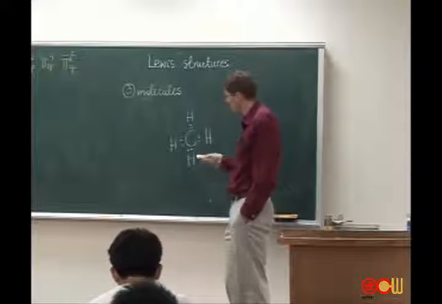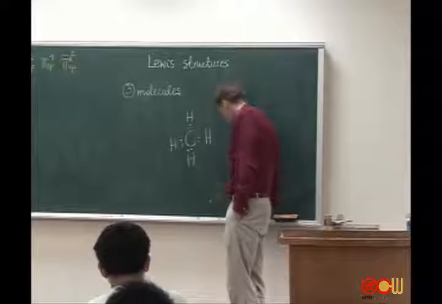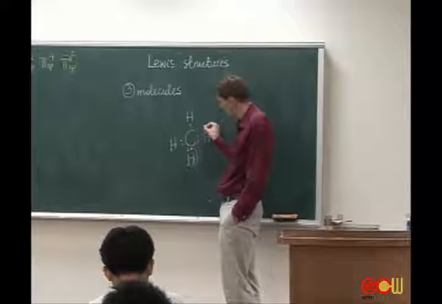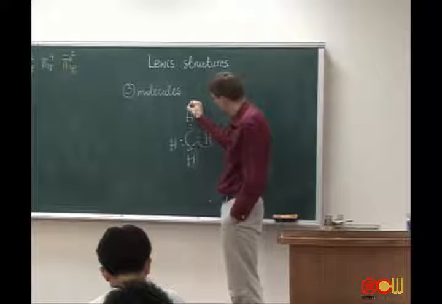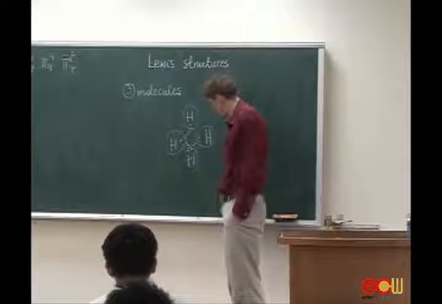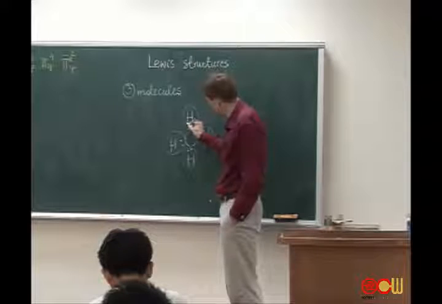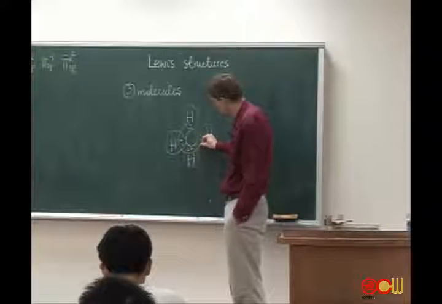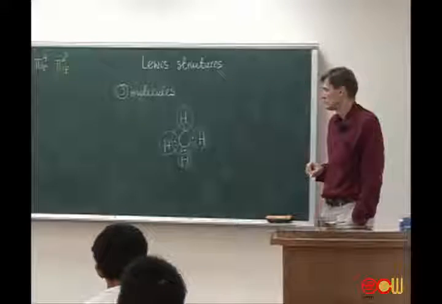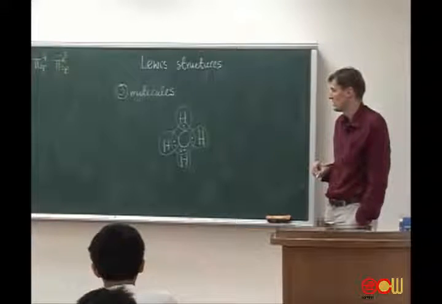So now you made every hydrogen atom happy by having a full valence shell of 2 electrons. And at the same time you made the carbon happy, making 8 electrons in the valence shell.